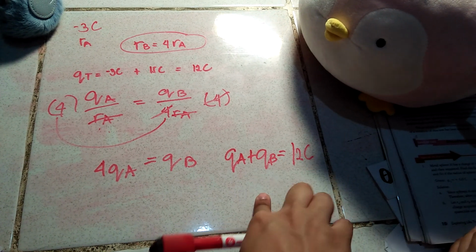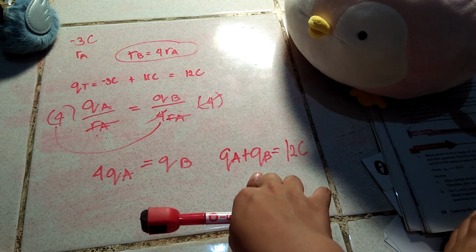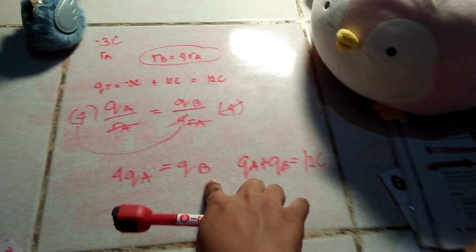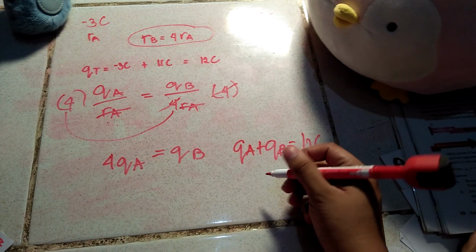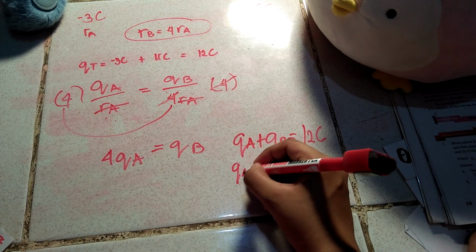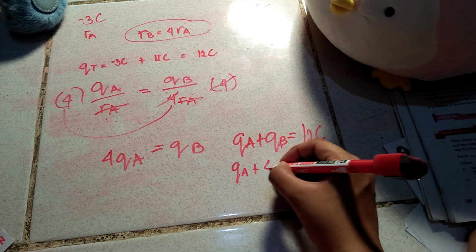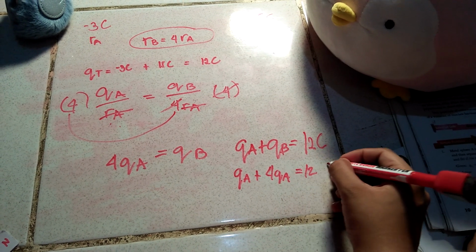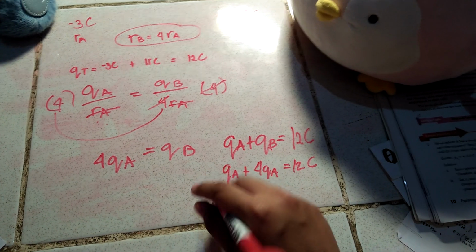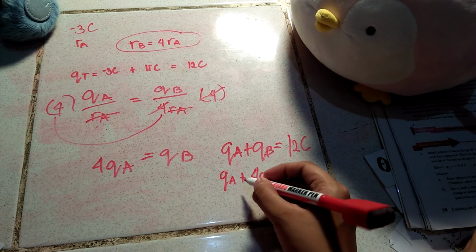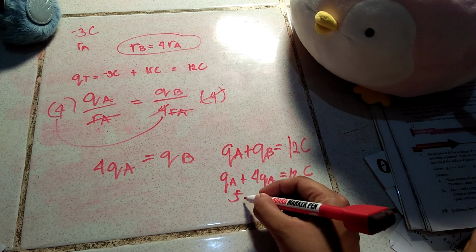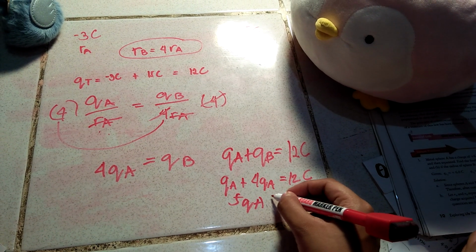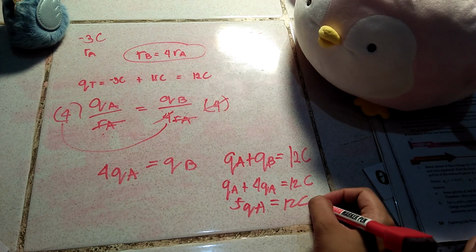So, in this equation, we can substitute QB by 4QA since QB is equivalent to 4QA. So that's QA plus 4QA equivalent to 12C. And then, we can combine them. So that's 5QA, and it's equivalent to 12C.